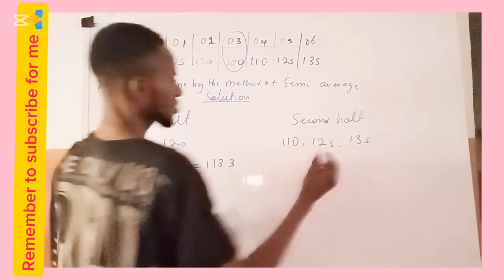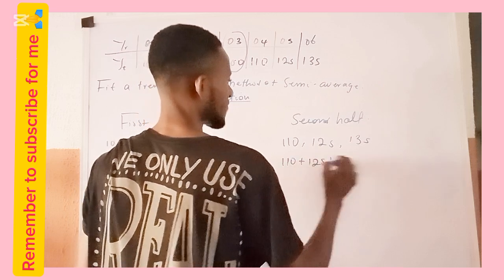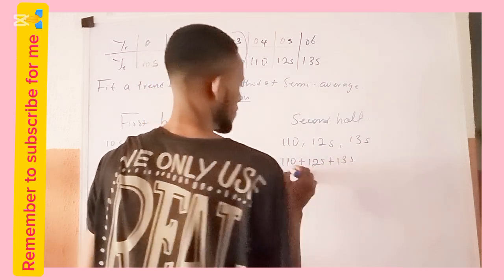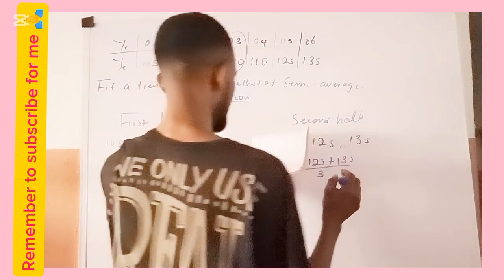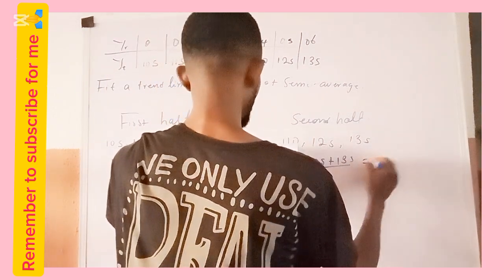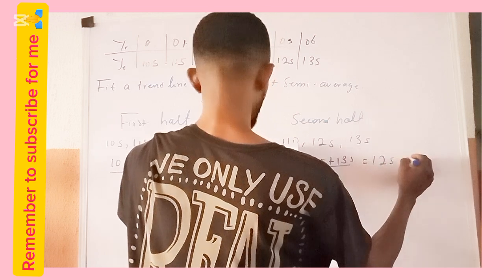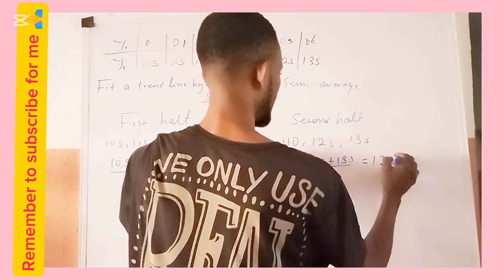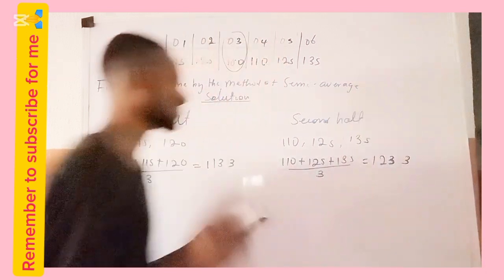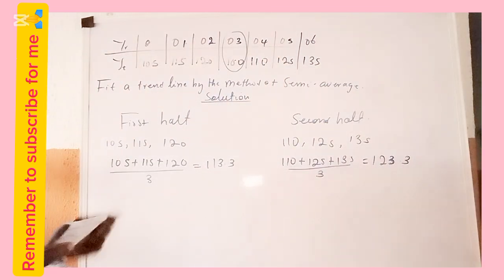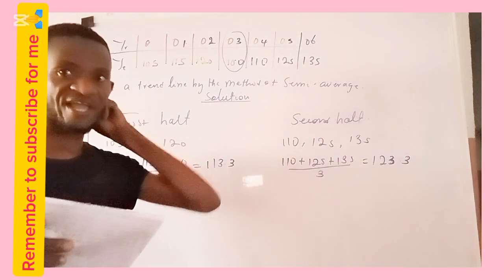So this one becomes 110, 125, 135 all over 3. The answer which I have here is 123.3. So I've gotten the average of the first half and the average of the second half.